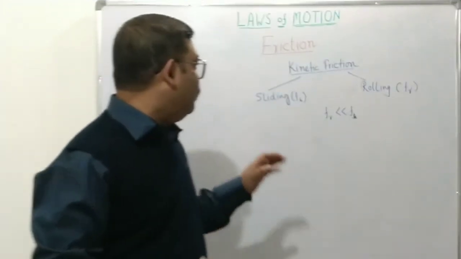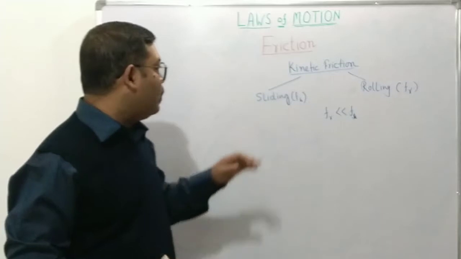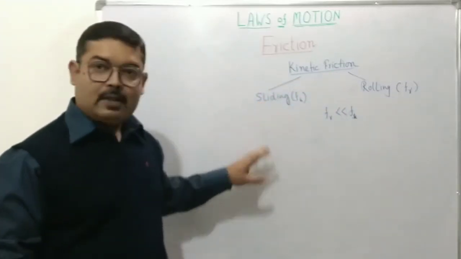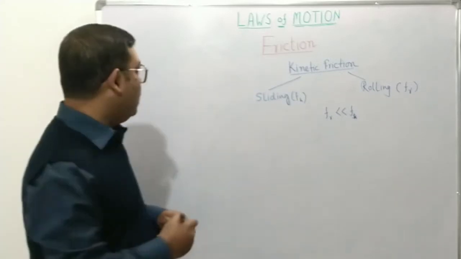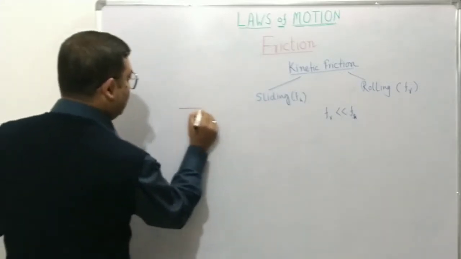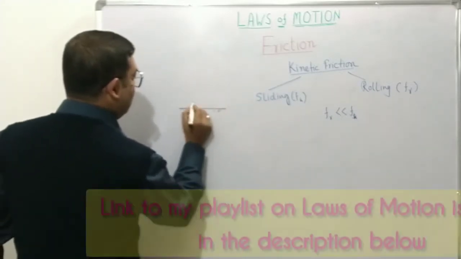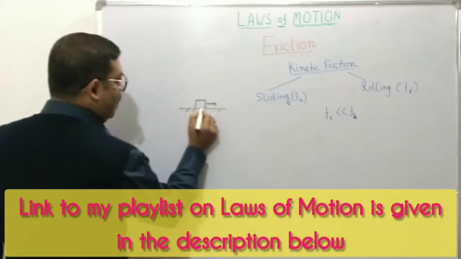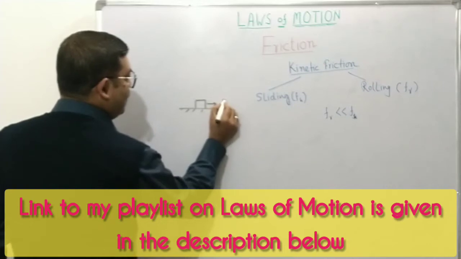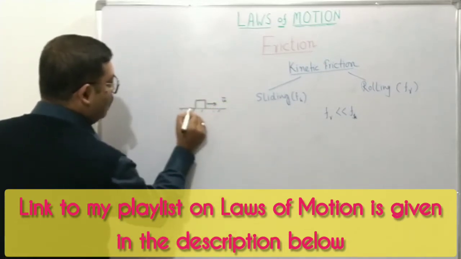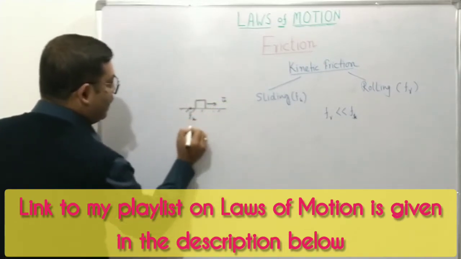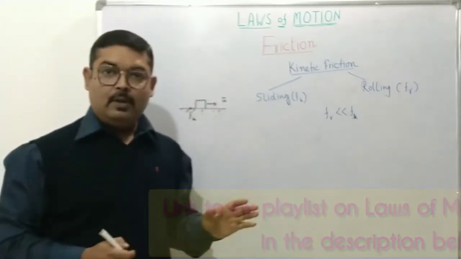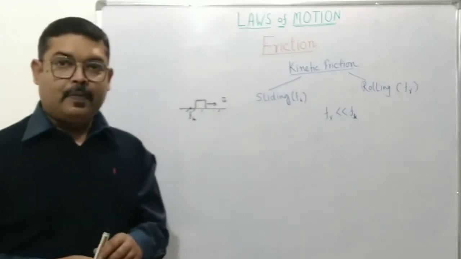Up till now, when we talked about kinetic friction, we have spoken about when an object slides over another. Say we had a plane and an object was pulled or pushed, and so it started moving in this direction, say with velocity u, and a friction known as kinetic friction was developed, and that opposed the relative motion between the layers.